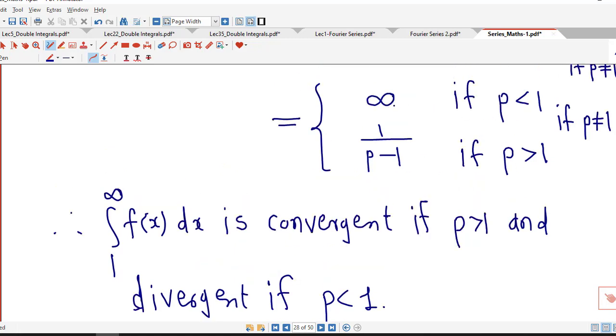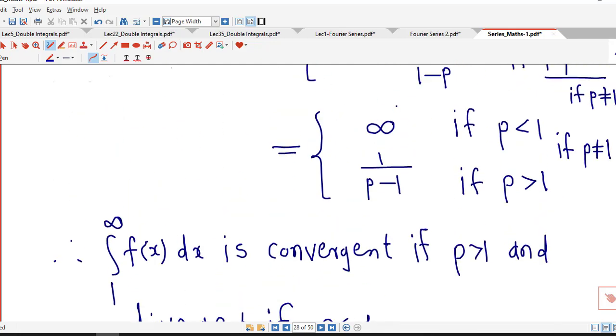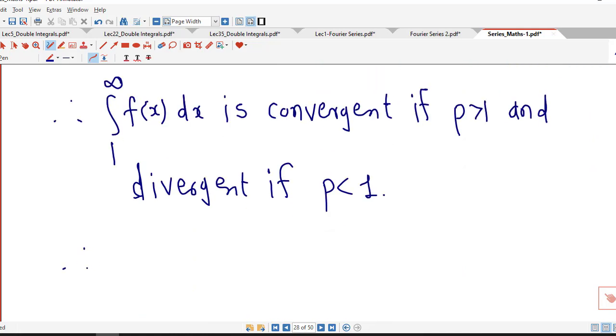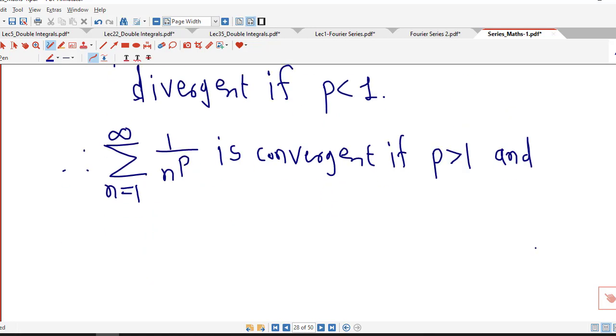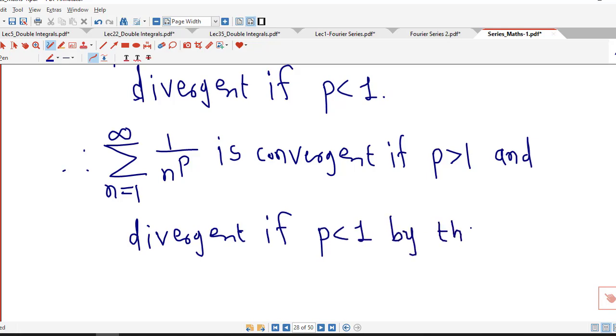If p is less than 1, the value of the integral is infinite. Therefore, by the integral test, the series sigma 1 over n raised to p, n equal to 1 to infinity, is convergent if p is greater than 1 and divergent if p is less than 1.